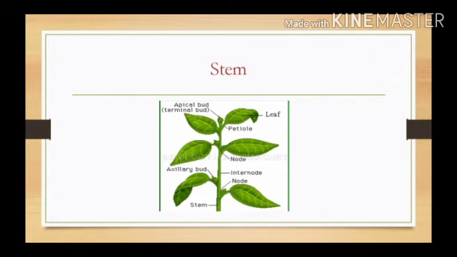The tip, the apical end of the stem, is called a bud. Observe a branch of any plant and identify its different parts as per the diagram. On the stem there is the petiole, nodes, internodes, axillary bud, leaf present.